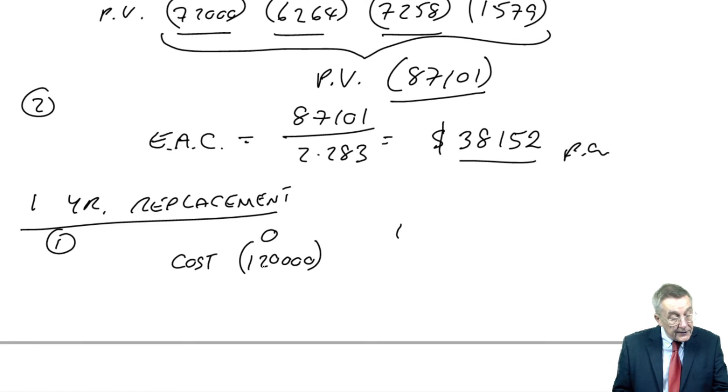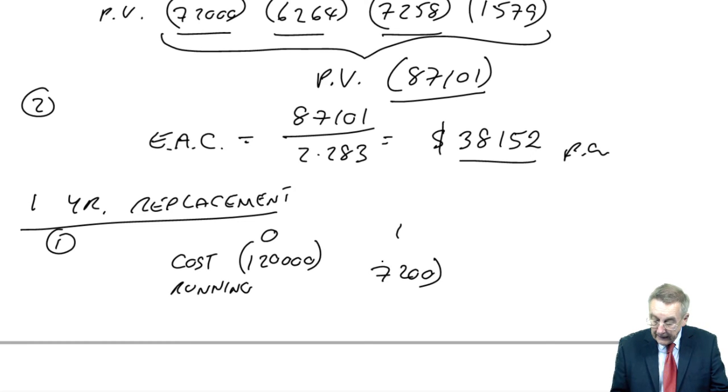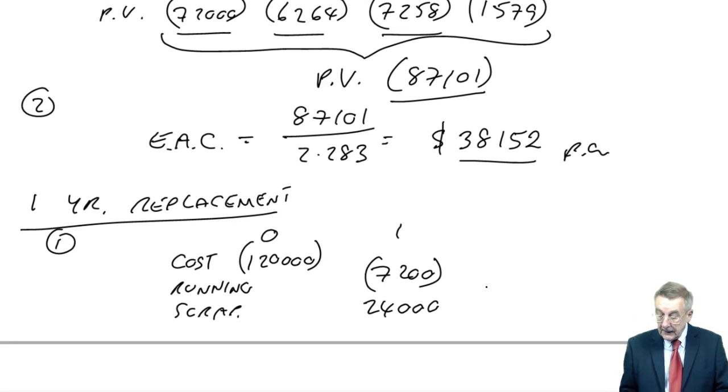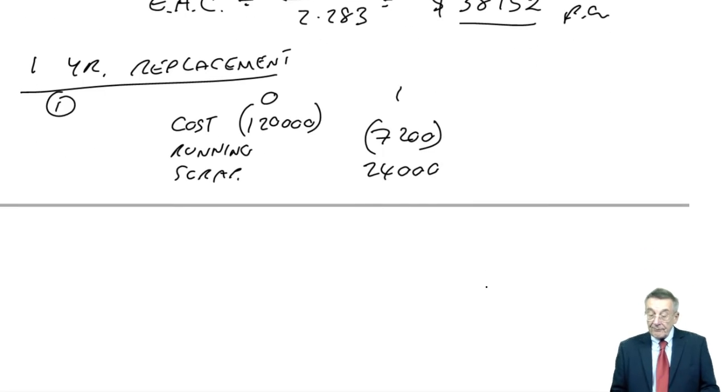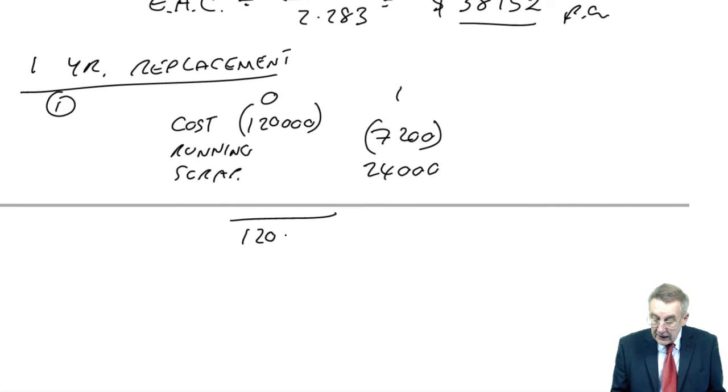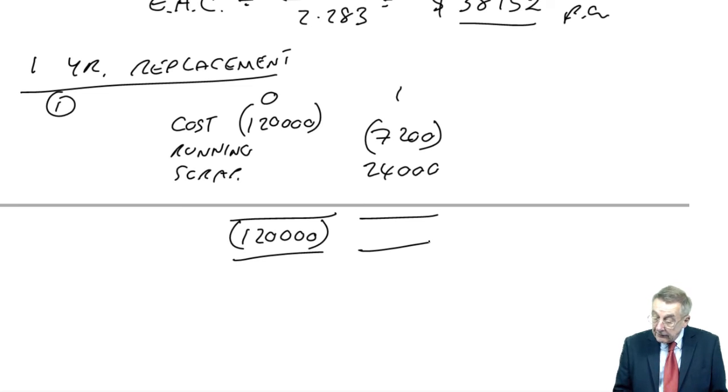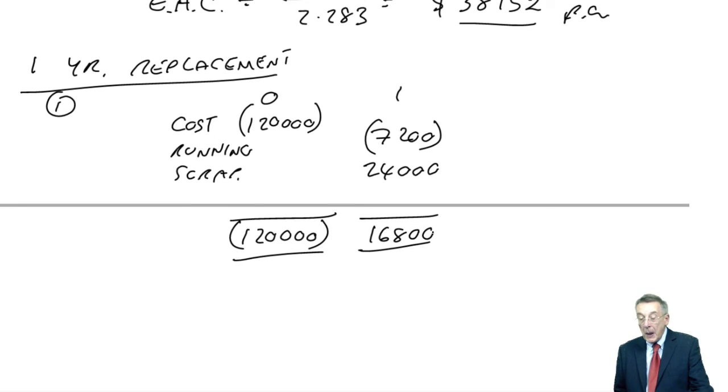The running costs are 7,200. And the sale proceeds 24,000. So the net cash flow 120 at time 0. A net inflow 16,800 at time 1.